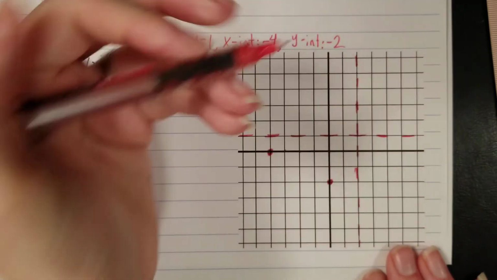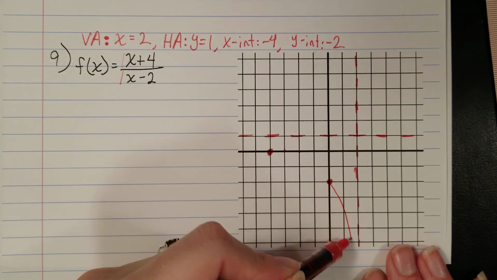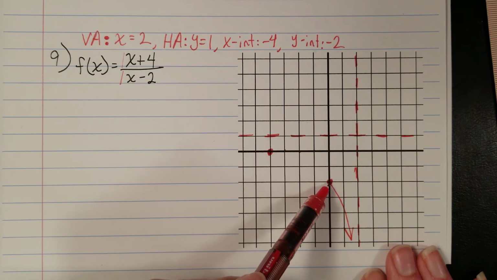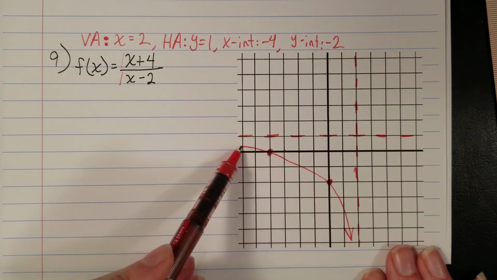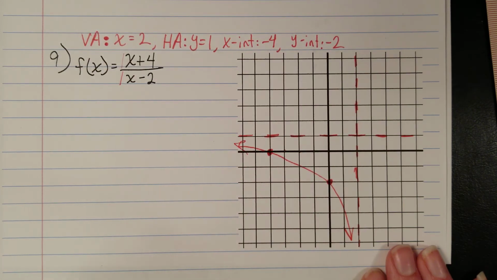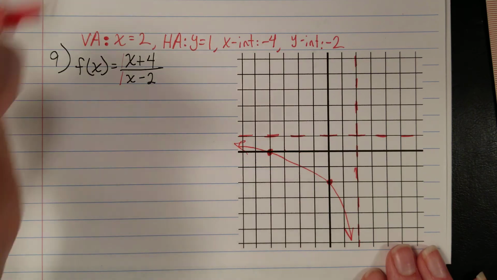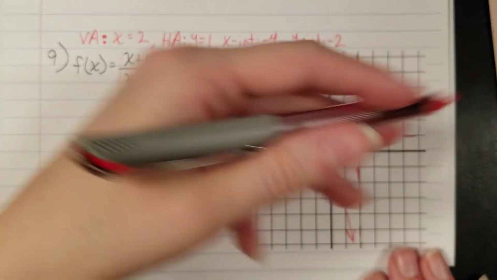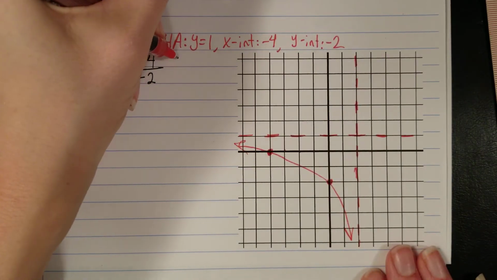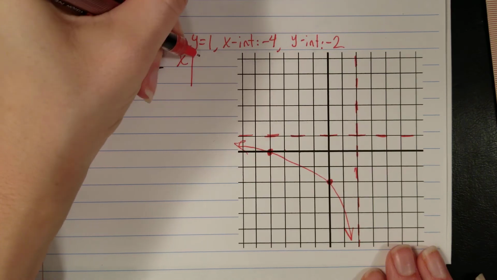Okay, that makes sense. All right, and we don't have any other x-intercepts, so it would have to be up here. Let's see. I could just draw it randomly, but I feel like I should have a point or two.